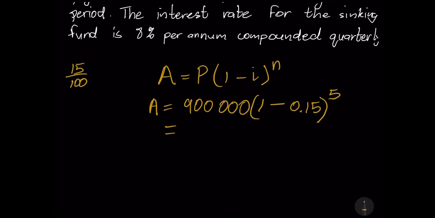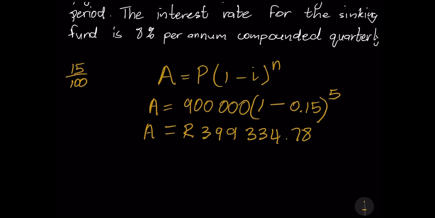And we want to know what the cost will be in 5 years' time. So our n value is 5, and the value that we get there would be 399,334 and 78 cents.